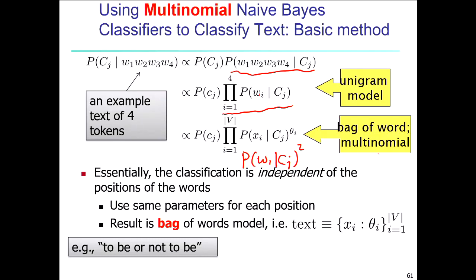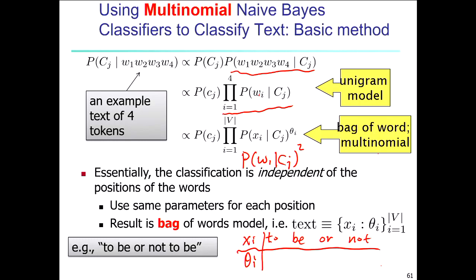So in this case, for each text, we can write a vector like the xi and theta i, where xi is the words in the vocabulary. For example, if we use to be or not to be as an example, the distinct words in the vocabulary would be to, be, or, and not.